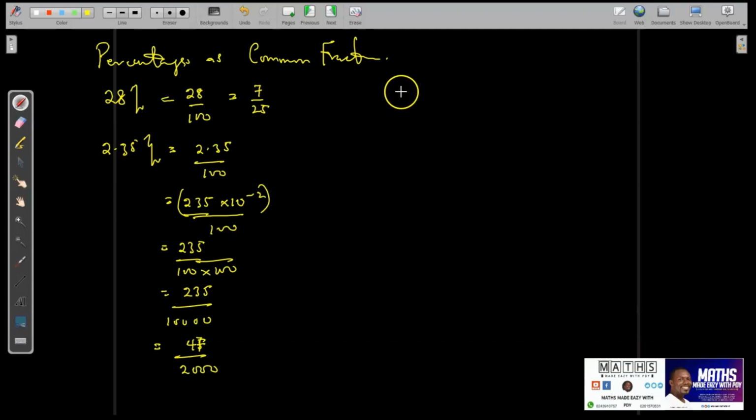Convert the following percentages to fractions in their lowest term. Number 1 is 72%. Number 2 is 0.5%. And number 3 is 80%.